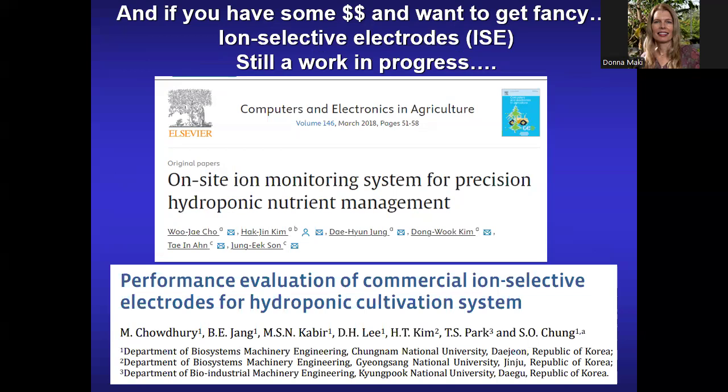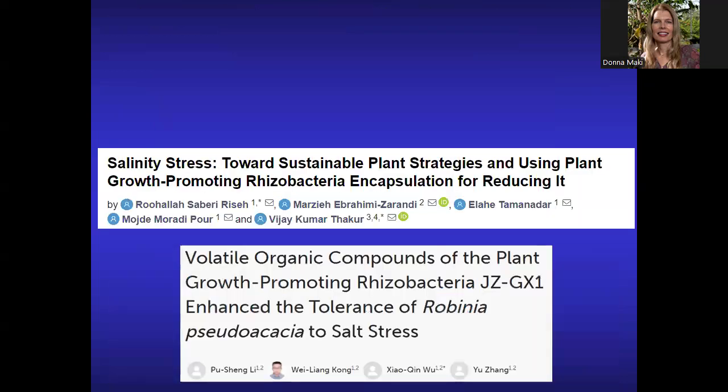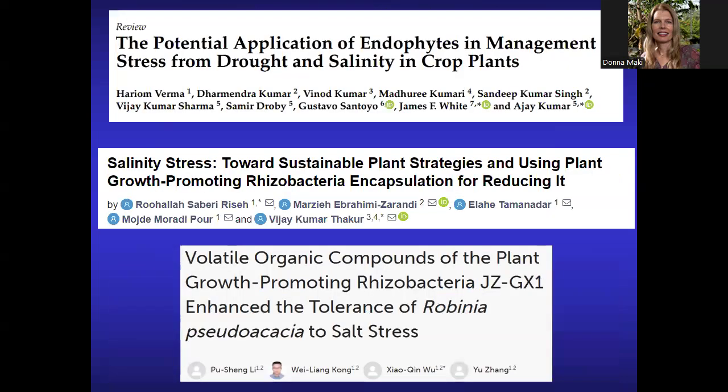When I was looking at what's out there currently, this is a paper from 2018 and they're making progress on it, but not quite there yet. Hopefully that technology will get there. But right now, the best you can do is electrical conductivity, and it just gives you an overall value. They're working on it, but right now it's very, very expensive if you want to do that.